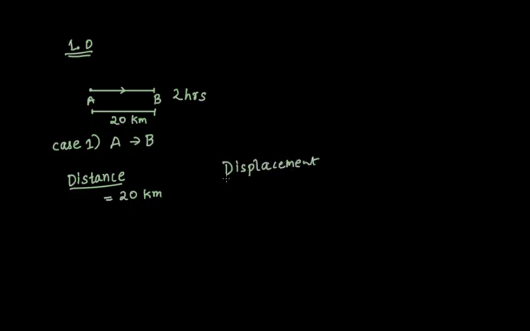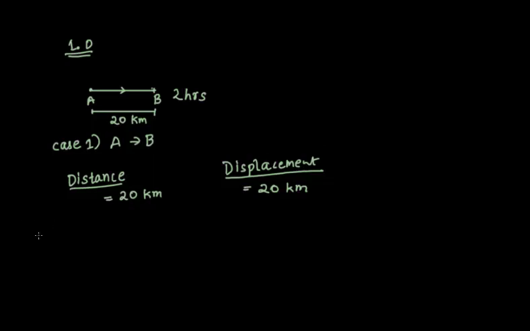Displacement is the shortest distance from the initial point to the final point. Let's say the initial point is A and the final point is B. The displacement is the line connecting those 2 points. In this case, it is the same as the distance, hence displacement will also be 20 kilometers.